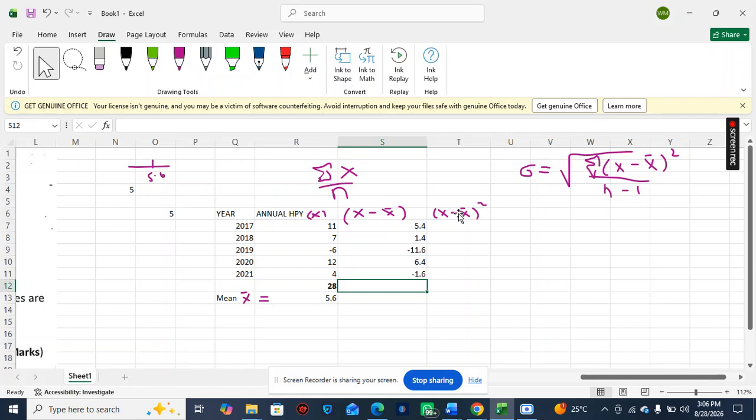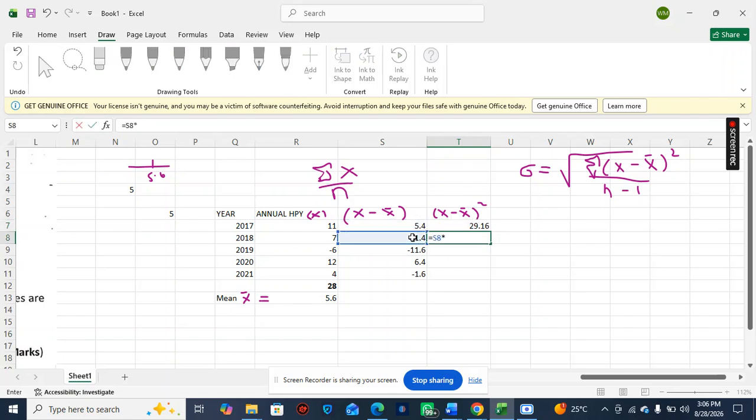So each value we square: 5.4 squared, 1.4 squared, negative 11.6 squared, 6.4 squared, negative 1.6 squared. Any questions?